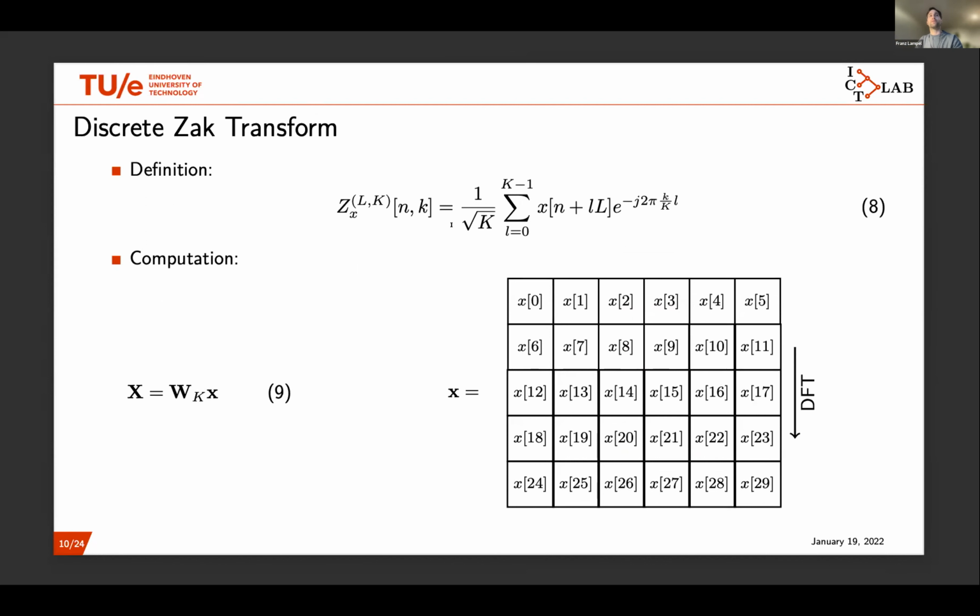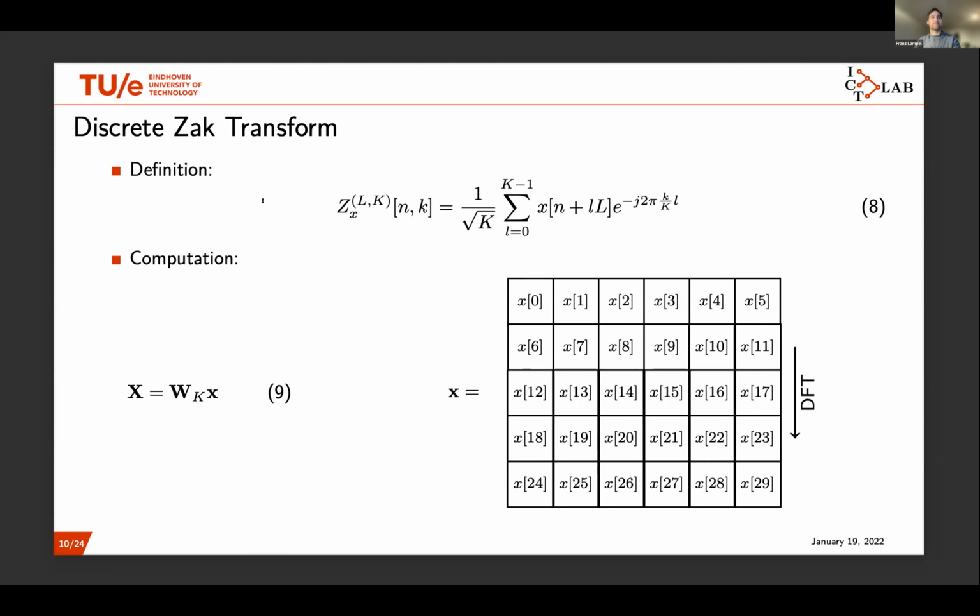When you look at the Zak transform, it's just defined as the discrete Fourier transform of a subsampled sequence. So here the summation is over L. We can see here a subsampled sequence, and what is also happening is that we start at a different starting index.